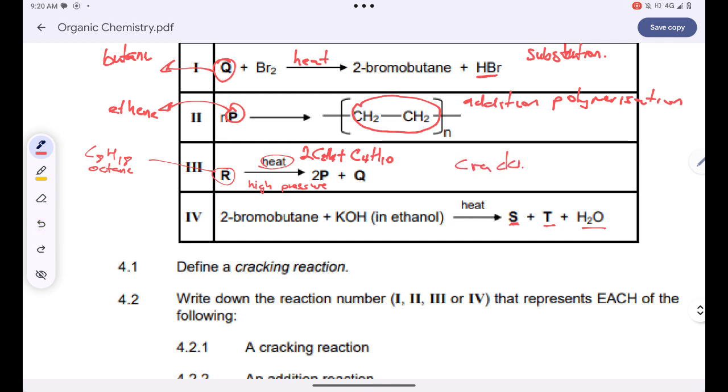Over here in reaction 4, guys, I will have one organic compound and two other inorganic compounds. So when that happens, I am most likely dealing with an elimination reaction. Are you together? This will be an elimination reaction. And whenever I'm dealing with an elimination reaction, the base needs to be concentrated.